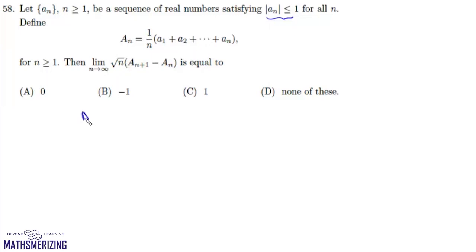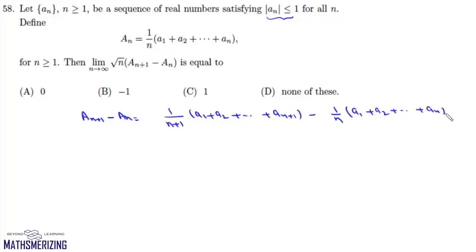Now we find An plus 1 minus An, which will be simply 1 upon (n plus 1) times (a1 plus a2 plus ... plus an plus 1) minus 1 by n times (a1 plus a2 plus ... plus an).